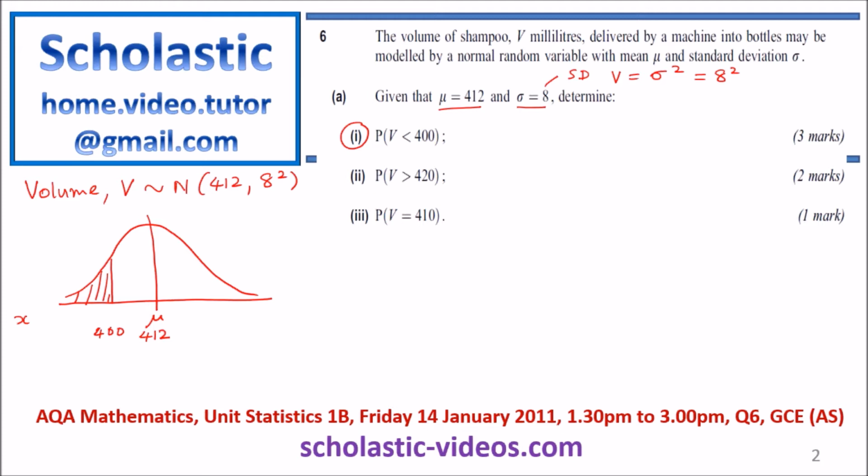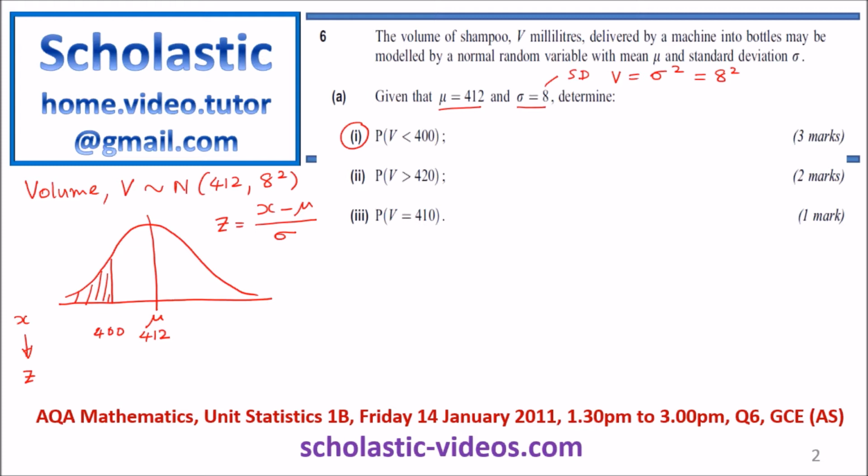Before we start looking up values in the table, we need to convert this x into z, a new variable. The conversion of x to z is given by this formula: z is equal to x minus mu over sigma.